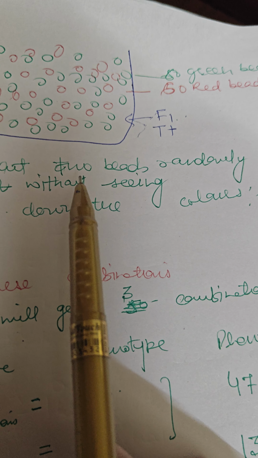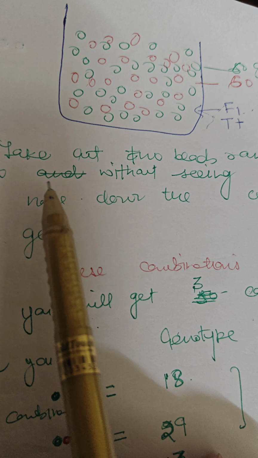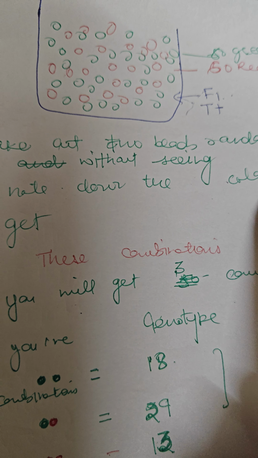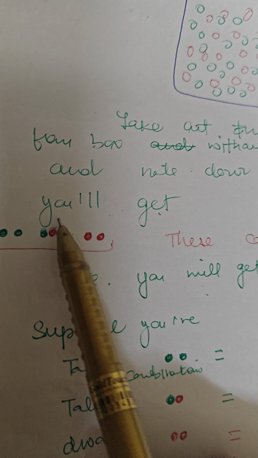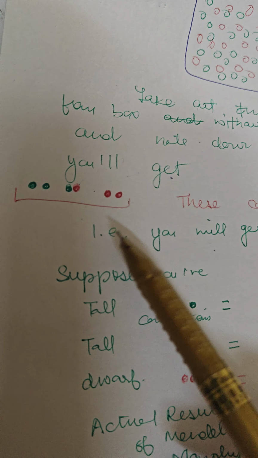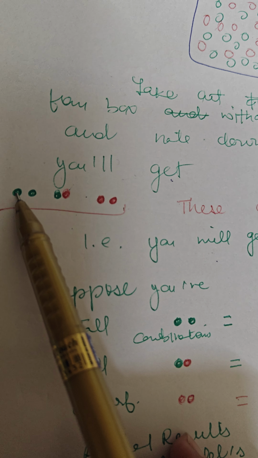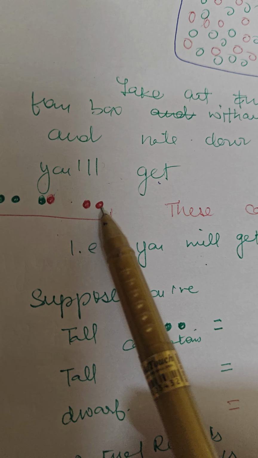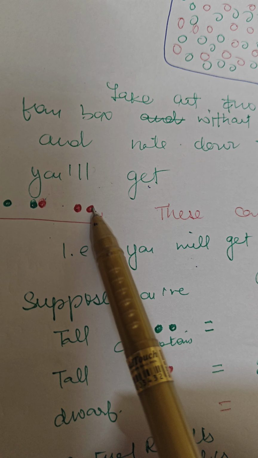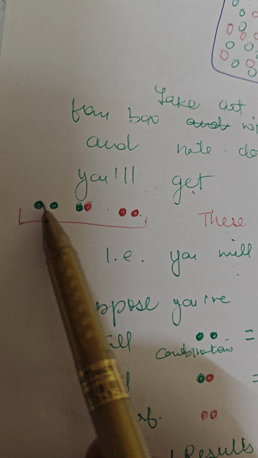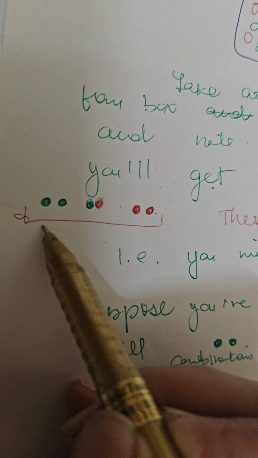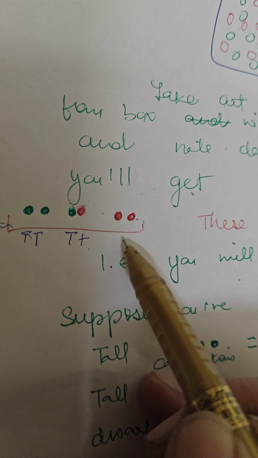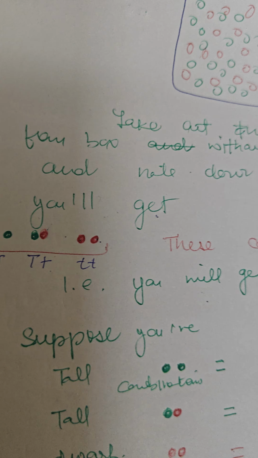Now take out 2 beads randomly without seeing and note down the colors of the beads, right? And what you will get ultimately, you're going to get these kinds of combinations. 2 greens, you may have green and red, and you will have both reds, right? So the 2 greens are representing two T's, this is a hybrid and this is the recessive one.